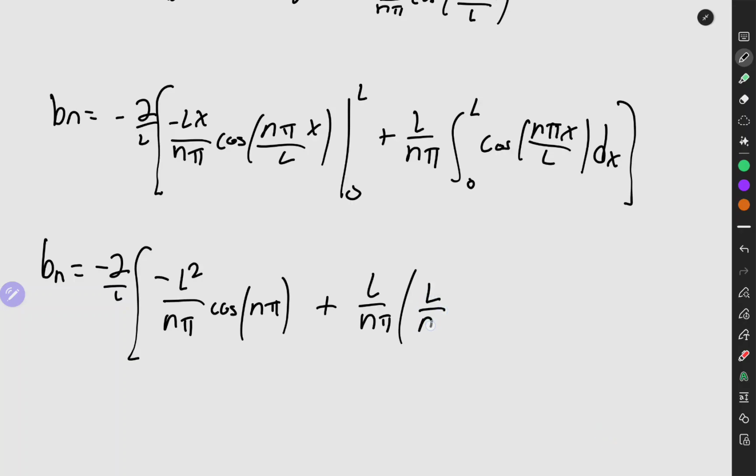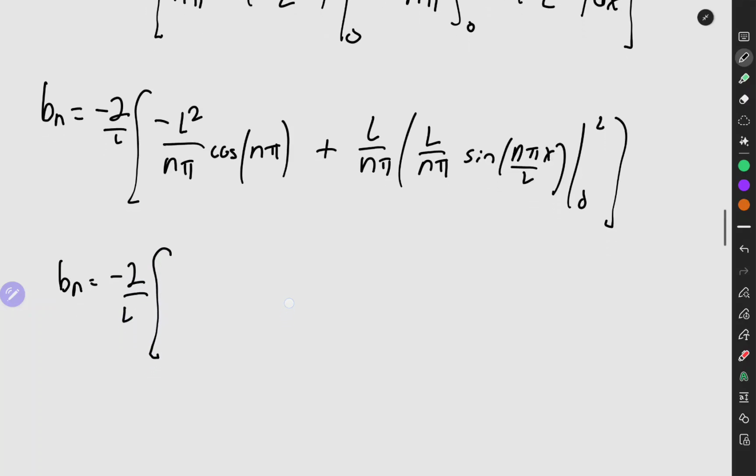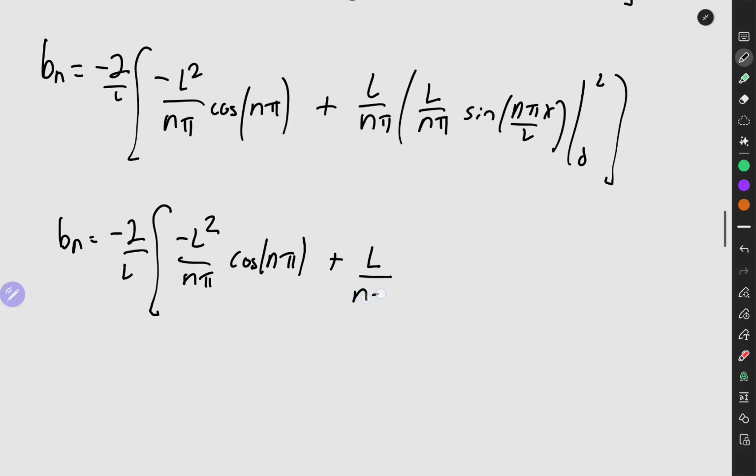Well, L over n pi times sine n pi x over L from 0 to L. So then we keep going. Negative 2 over L times negative L squared over n pi cosine n pi plus L over n pi.